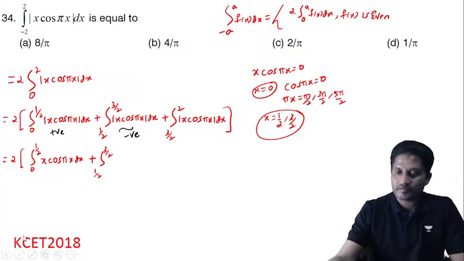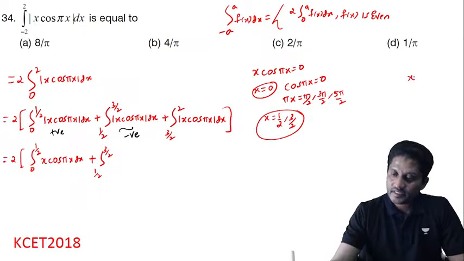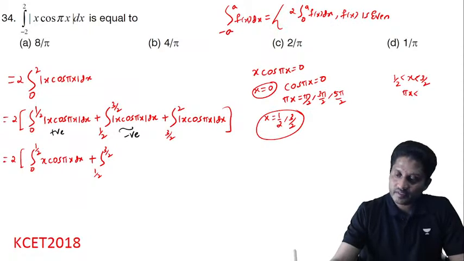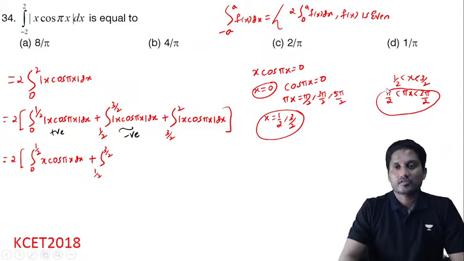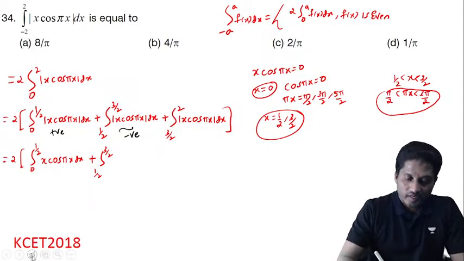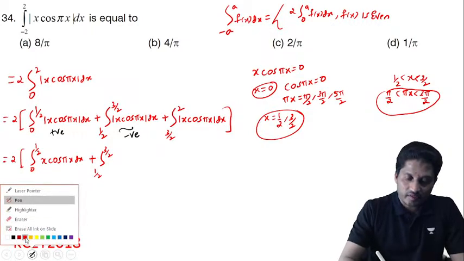Right, now listen, I'll give the justification. x lies between half and 3 by 2, right? So this means that pi x lies between pi by 2 and 3 pi by 2. Cos is negative in the second quadrant and third quadrant, so this will be negative. Again, cos is positive in the third quadrant and fourth quadrant.